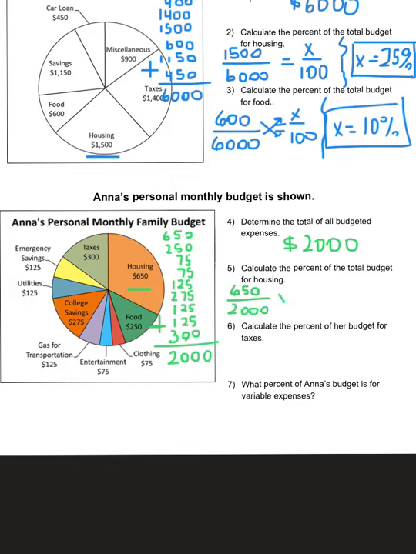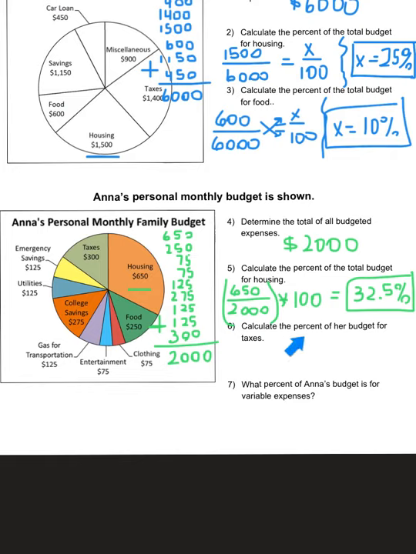And once you calculate that, then you're going to multiply by 100. So divide the first part. I put the parentheses in there, that do that part first, and then multiply your number by 100, and it will turn it into a percentage for you. So you're going to get 32.5%. So she's spending 32.5% on her housing each month.